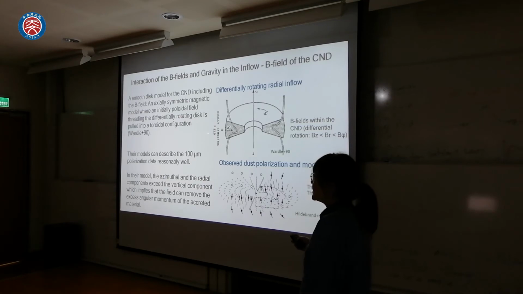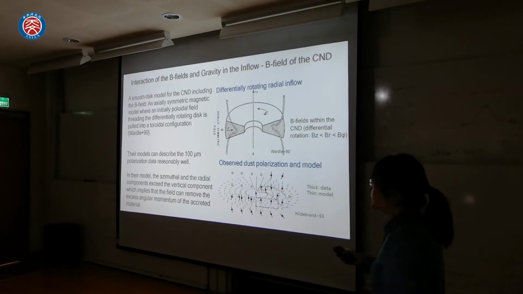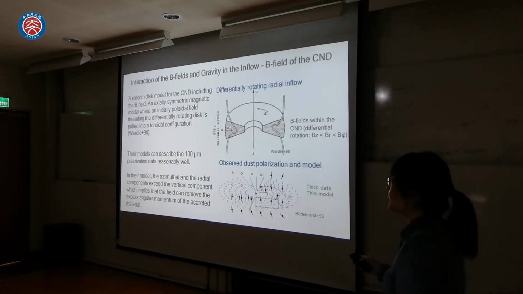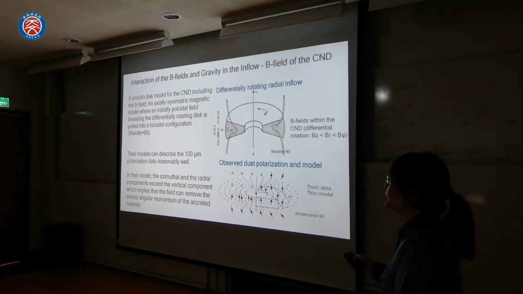So to explain the previous dust polarization, the magnetic field configuration in the CND, Wardle et al. applied a simple model of the CND. This is a rotating CND, including an axisymmetric magnetic field where initially the field is poloidal, consistent with what we observed before, and the initial poloidal field is stretched by the differential rotation in the disk and pulled into a toroidal field.